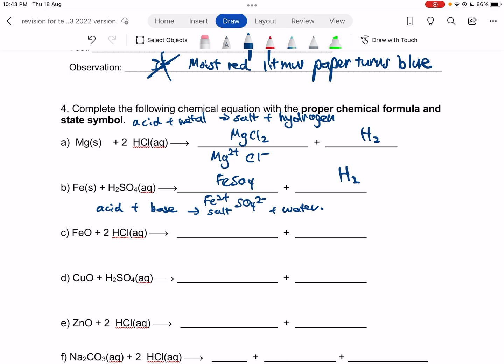So this one is Fe2 plus Cl minus. The first one is from the base, the second one from the acid, always. So in this case you have to do crisscross, FeCl2, and then you have water, H2O. So now it is balanced.